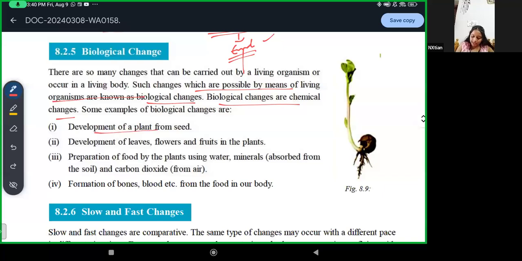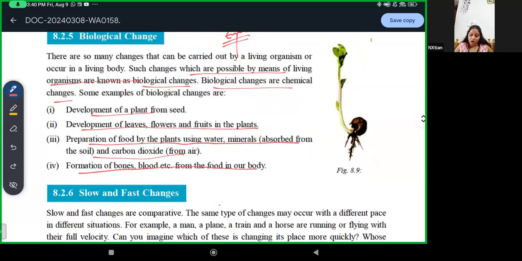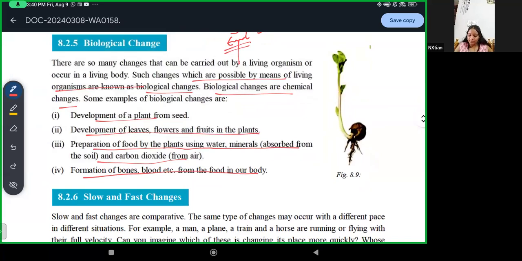Suppose development of a plant from seed, development of leaves, flowers, fruits, the preparation of food by plants using water and minerals, formation of bones, blood, etc. from the food in our body. So these are all biological changes that take place inside living organisms.